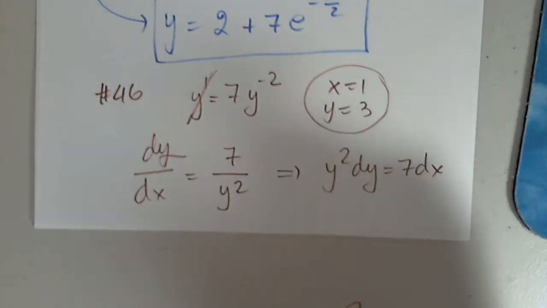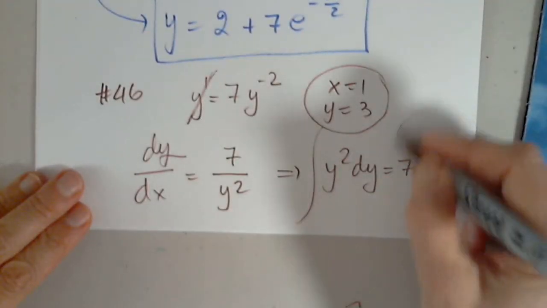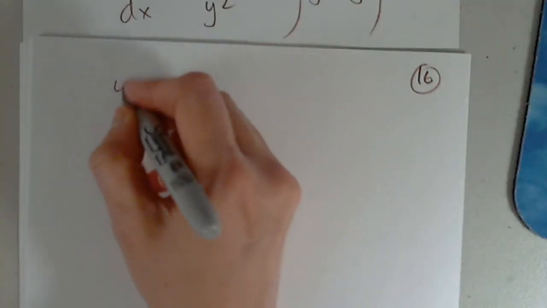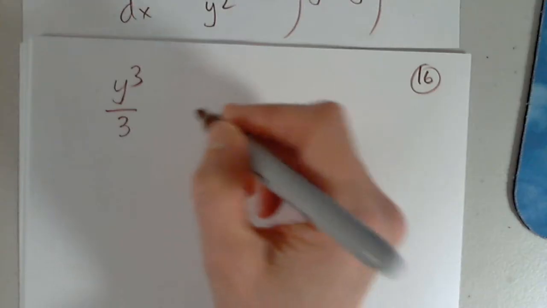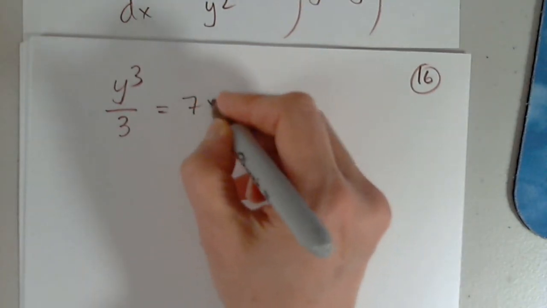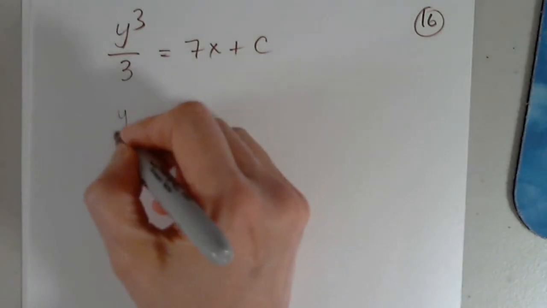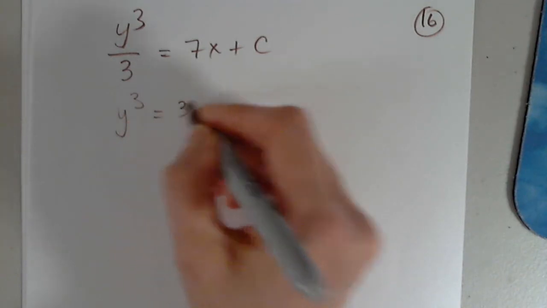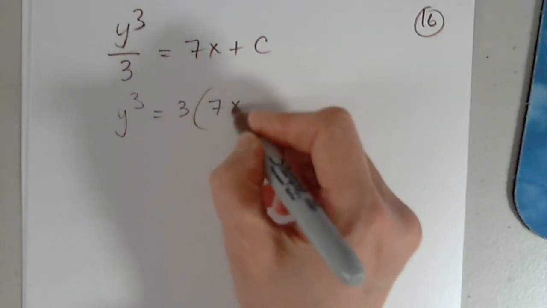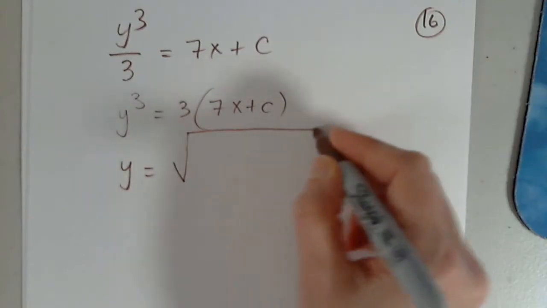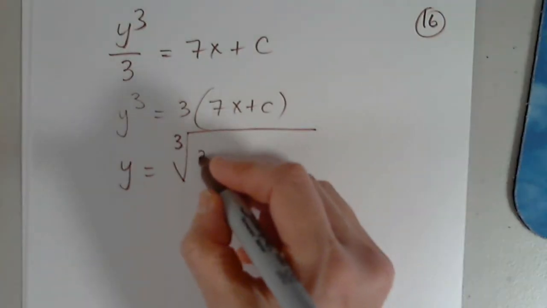Y is on one side, x is on the other. I can integrate. So y to the third divided by 3 equals 7x plus a constant c. And y to the third equals 3 times 7x plus c. And I apply the cube root to both sides.